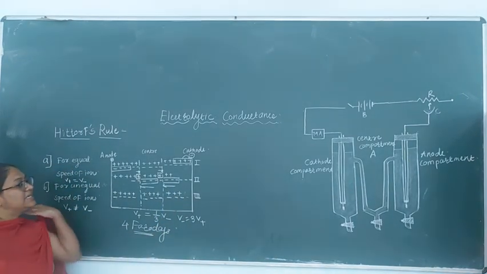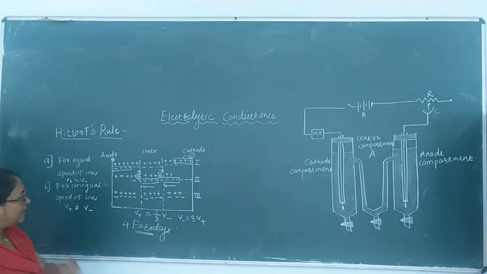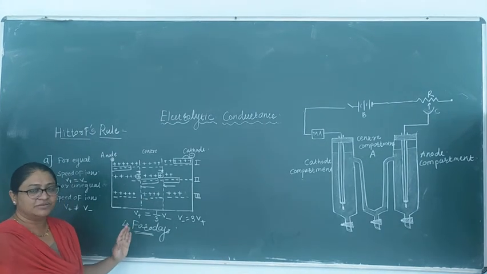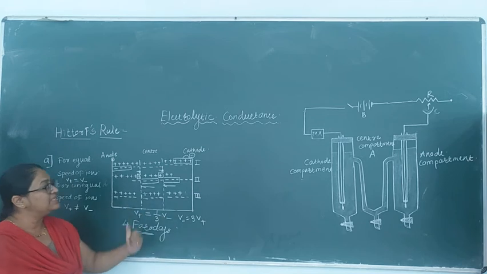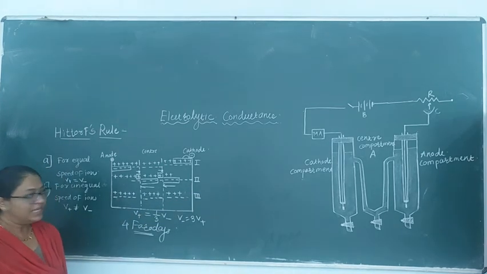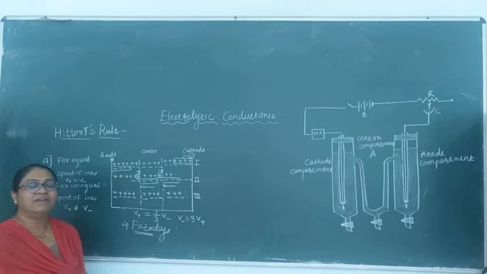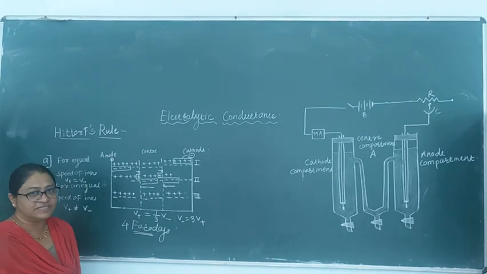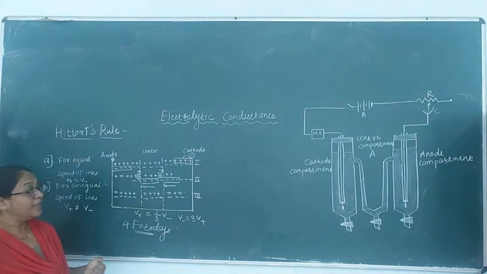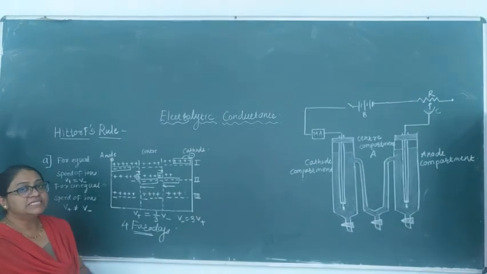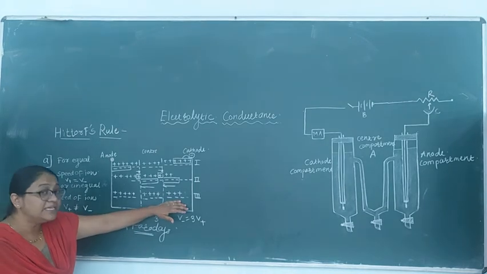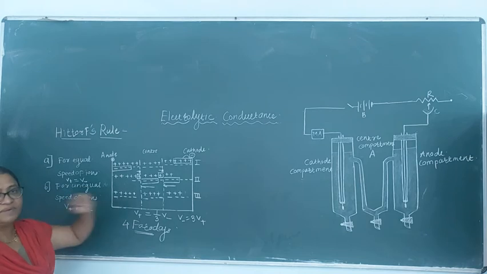Now see the concentration change in the compartments. The central compartment, as we have seen, there is no change in the concentration. The change in concentration takes place in the anode and the cathode due to migration of cation and negative ion, that is the anion. And therefore the change in concentration, we observe that the change in concentration of the cathode compartment is thrice that of the anode compartment.